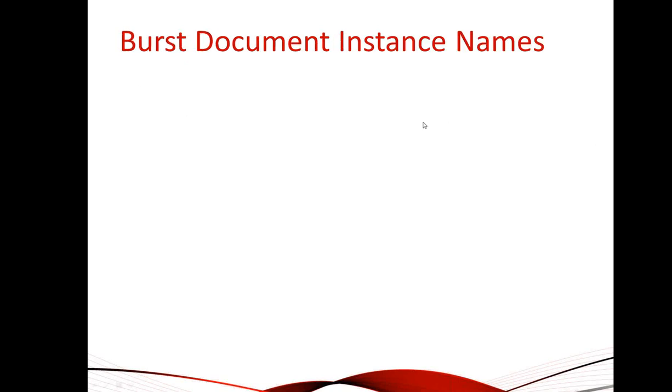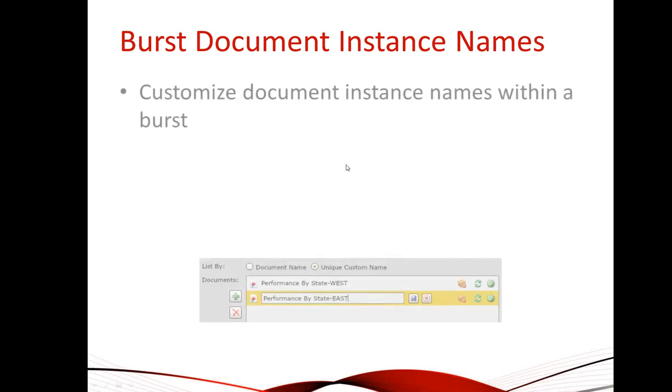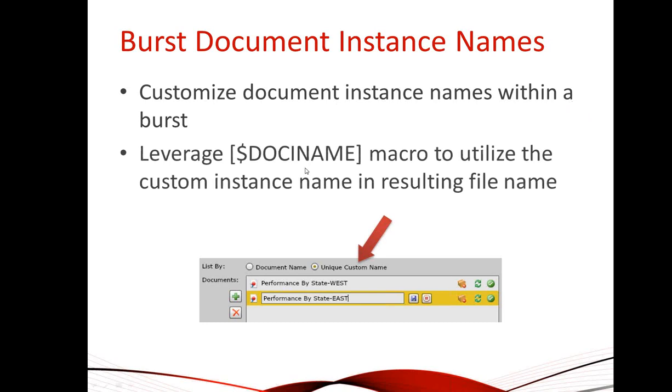Okay, so the next change regarding burst document processing is the ability to customize the document instance name within the burst. This is something that users who use many instances of the same report in the burst have been requesting.